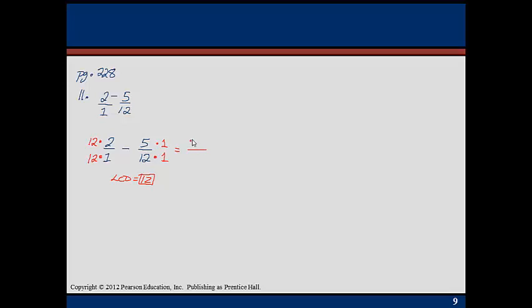So now this is going to become 24 over 12 minus 5 over 12. Keep the bottom numbers the same, so it's 12 on the bottom. And then subtract the top numbers. 24 minus 5 is 19. So the answer is 19 over 12.